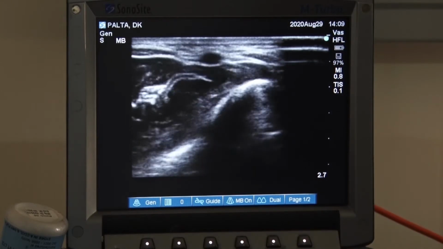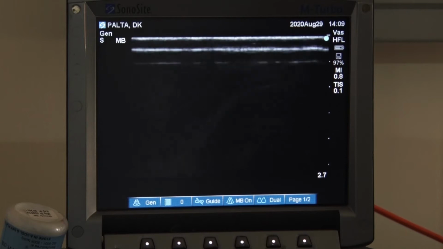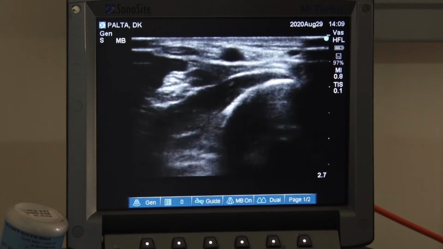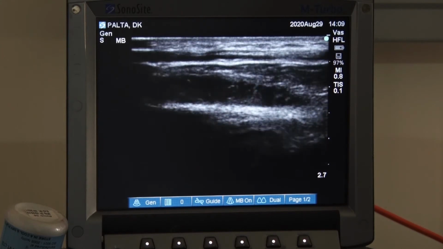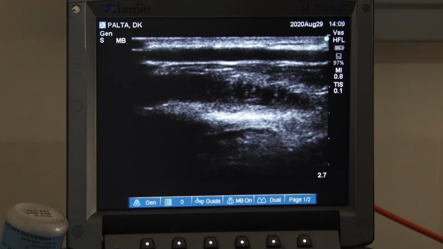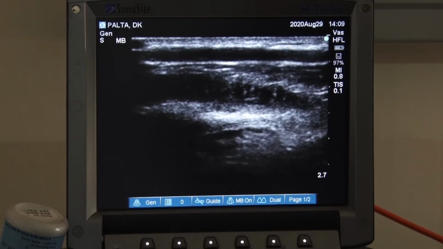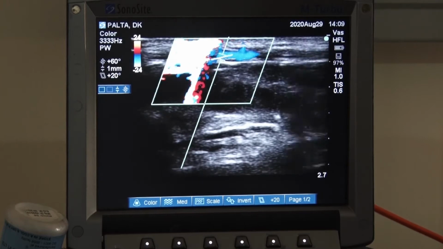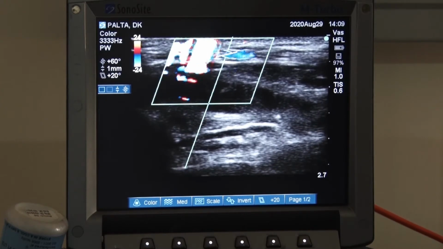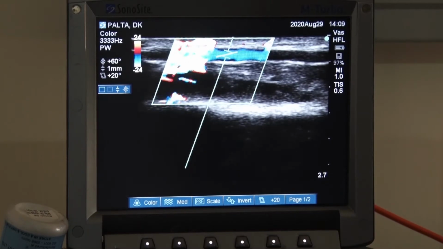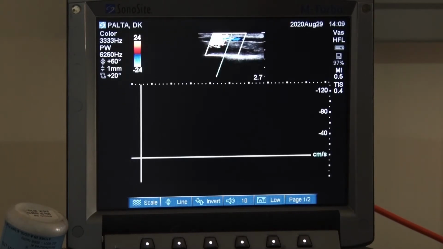I have reached the wrist. So I can see it in the longitudinal view also. I'll take the color Doppler to see the flow and the peak systolic velocity of the radial artery at the wrist.